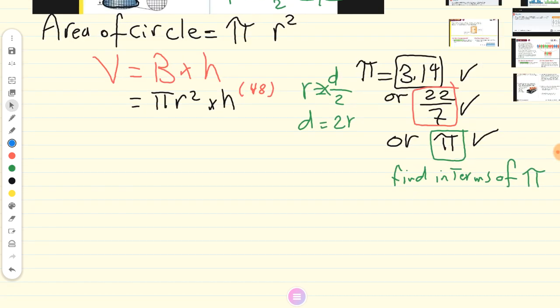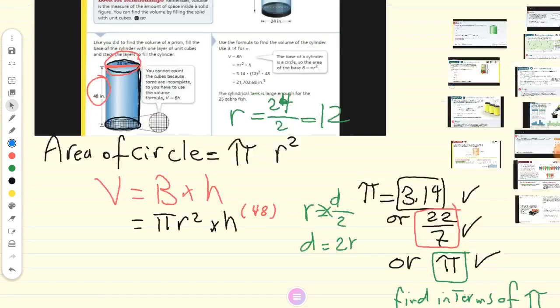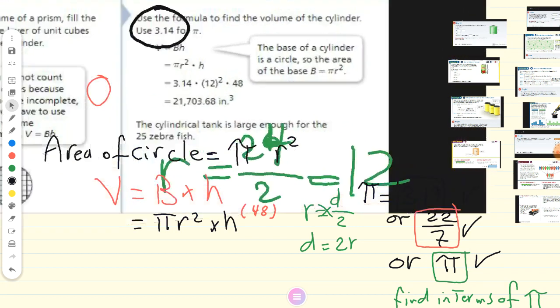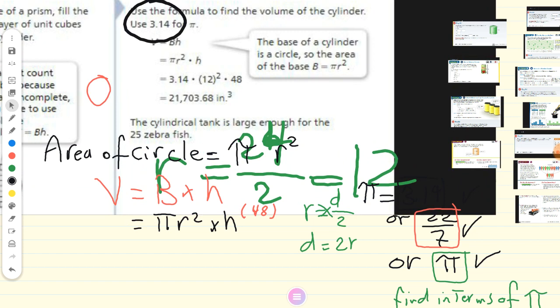Let's solve the problem now. In the example, he told me to use pi equal 3.14. So instead of pi, I will write 3.14, and instead of r, I will write 12 squared.